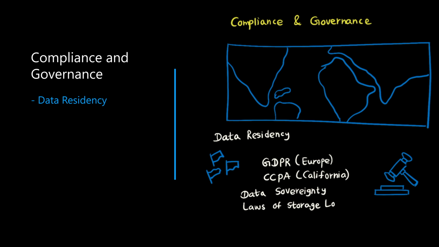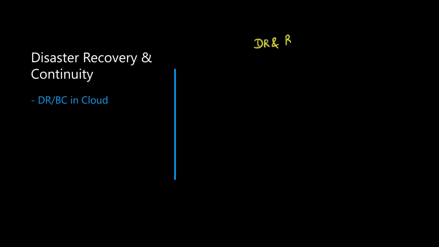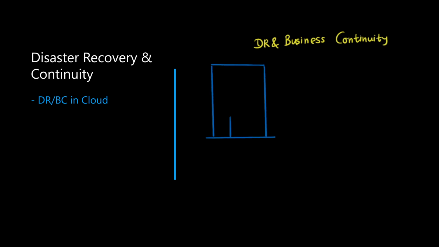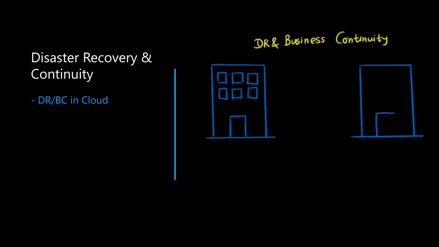For your exam, focus on understanding how different deployment models and service models impact compliance capabilities, and how shared responsibility affects compliance obligations. Disaster recovery and business continuity in cloud computing offer both opportunities and challenges. Cloud computing can significantly enhance DR and BC capabilities through geographic distribution, automated backups, and rapid resource provisioning.